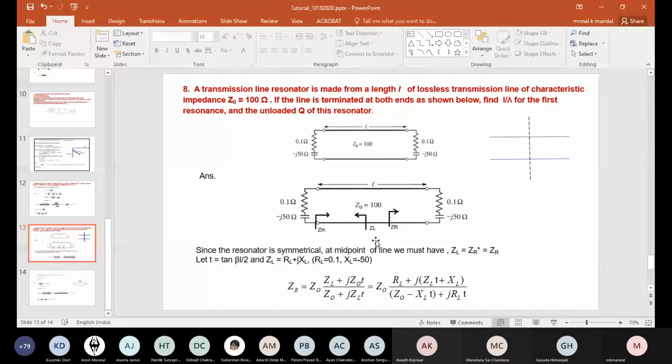On the mid plane, we calculate what is Z in left side, what is Z in right side. From that, we use the definition of the condition of resonance, and put it here. So ZL and ZR initially, let's say they are separate things, and then we calculate how if I consider just half of this.